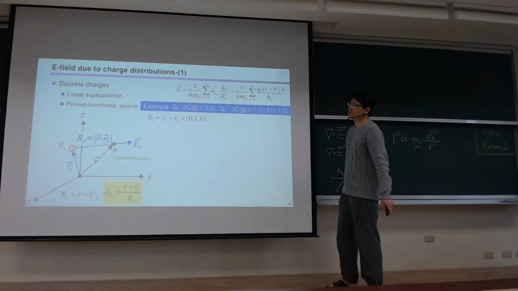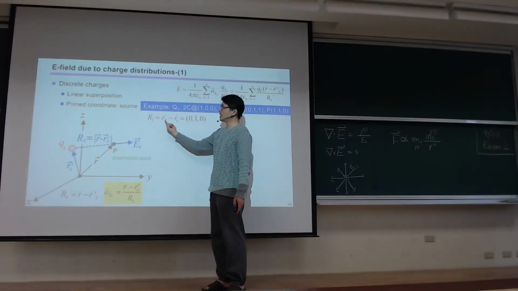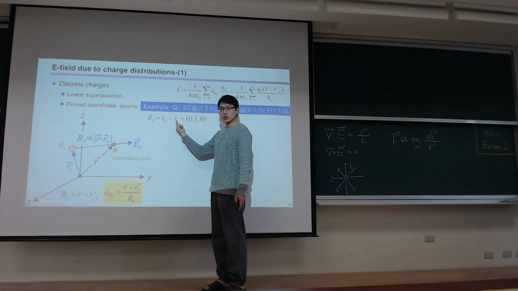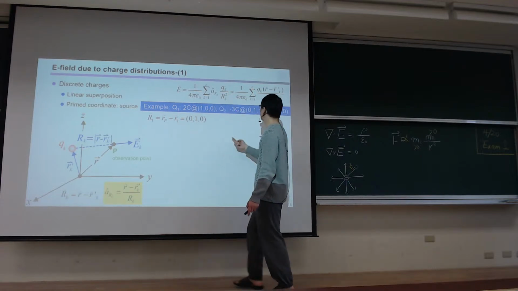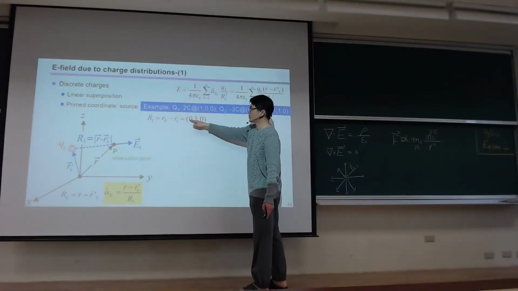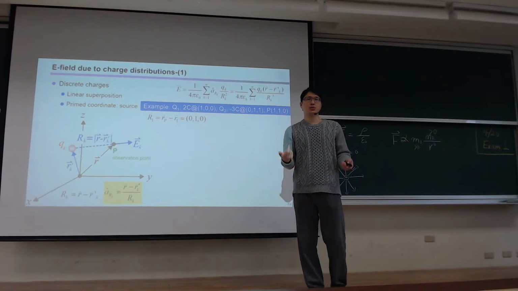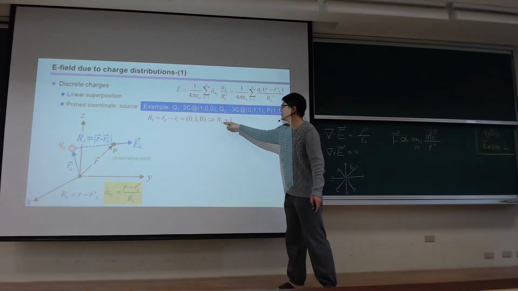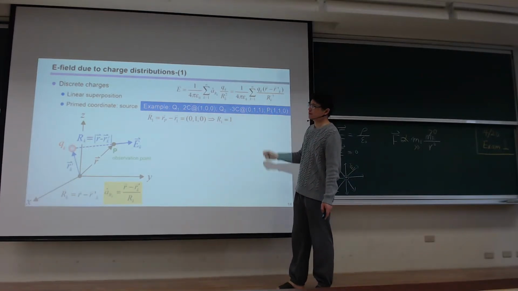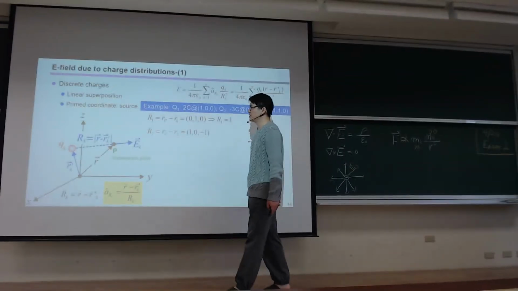So the first thing is R1. The R1 vector is my observation position vector minus my first charge position vector. So this is 1, 1, 0 minus 1, 0, 0, so it's 0, 1, 0. So its amplitude is just 1. Okay, R1 is 1. I can repeat the same procedure for the second charge.